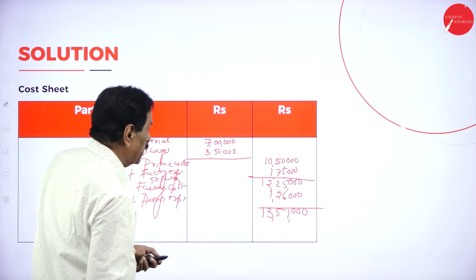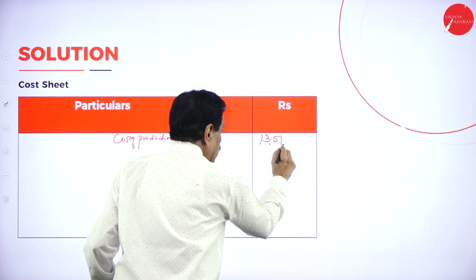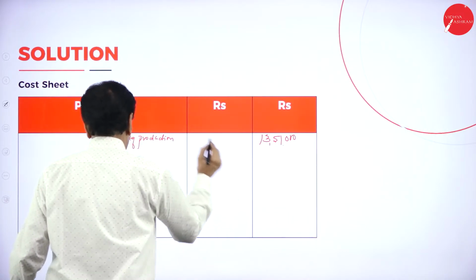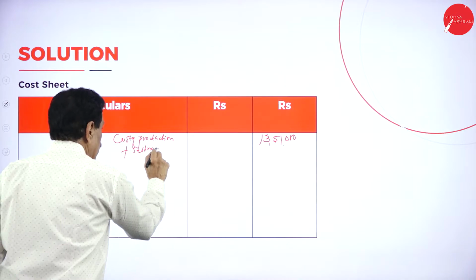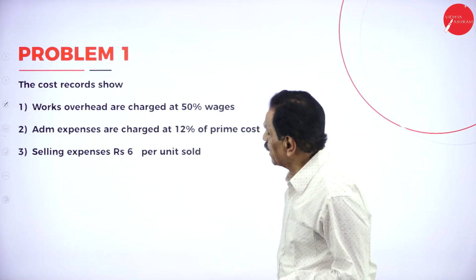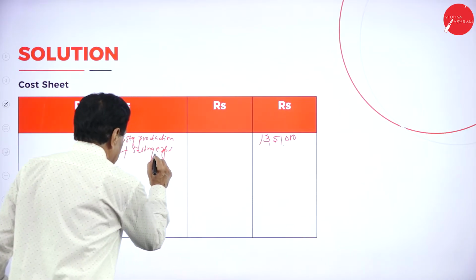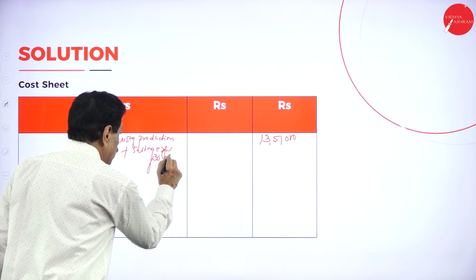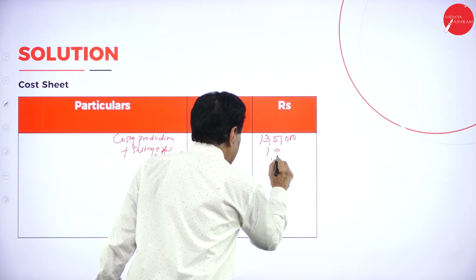What is the amount? 13,51,000 plus selling expenses. What does the problem say? Selling expenses have to be 6 per unit sold. So 30,000 into 6 is 1,80,000.